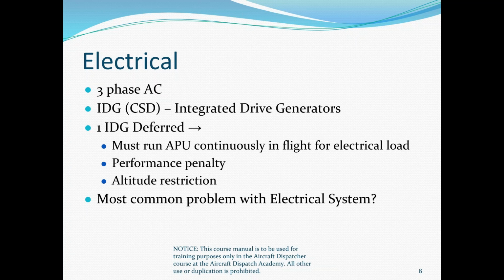If an IDG is inop and we have to run the APU continuously, 32,000 feet. One pack deferred, so we're operating with one AC pack, that is 31,000 feet. My bad.